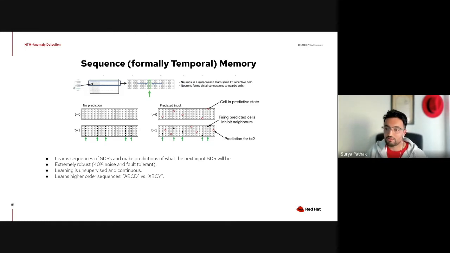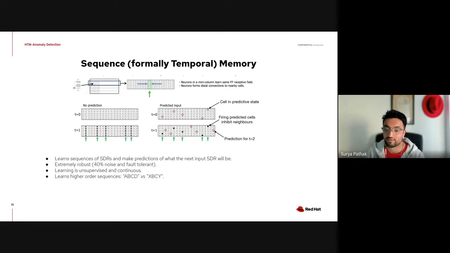So this is how the SDR learns sequences and makes predictions of what the next input SDR will be. It is extremely robust and has 40% noise tolerance. It is completely unsupervised learning, and it is continuous learning in real time.